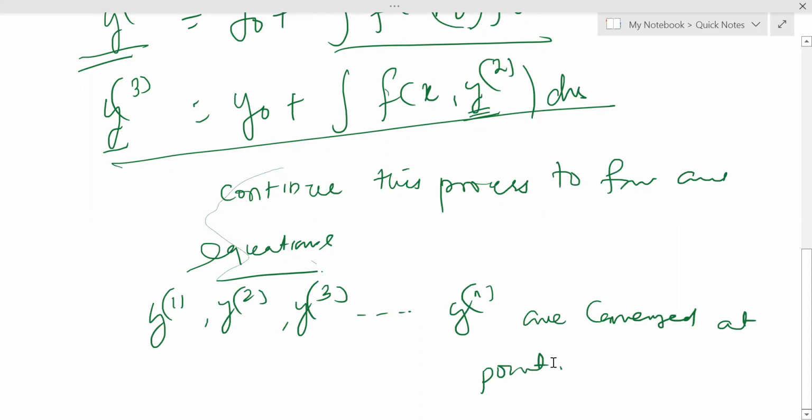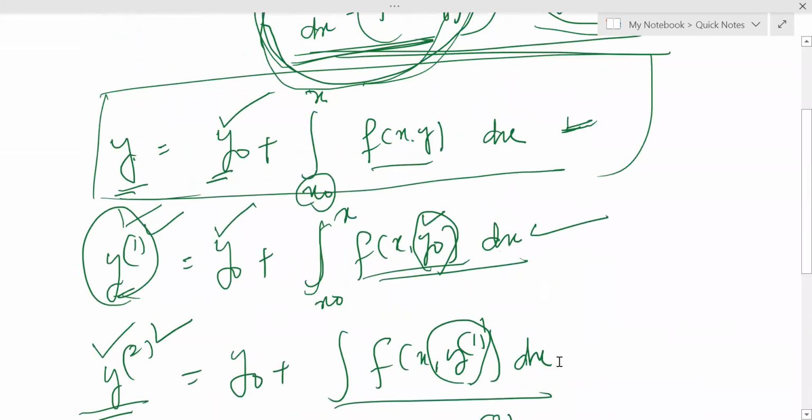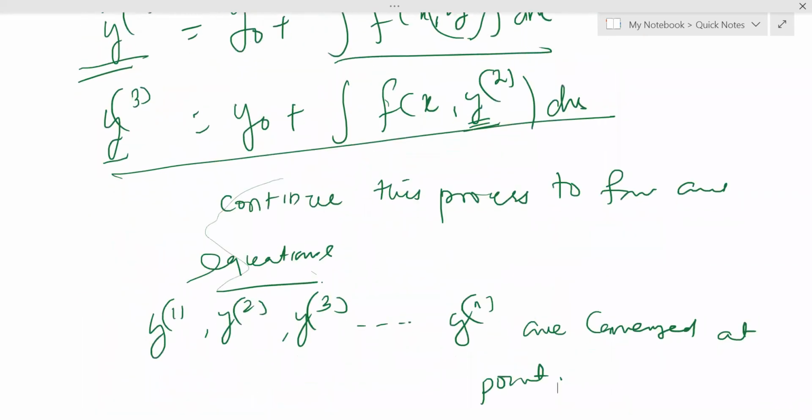This is called Picard's approximation method. Hence this method yields a successive approximation of y1, y2, y3, yn, and it can be converged at a point.